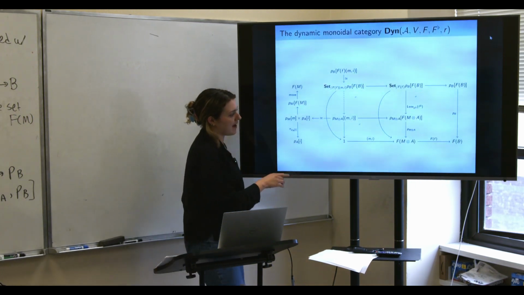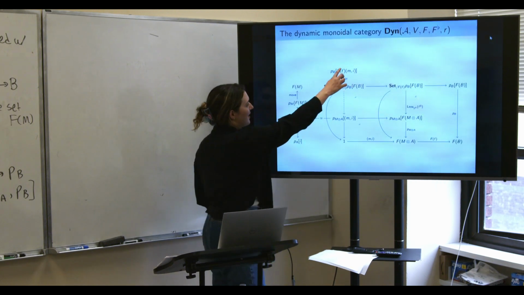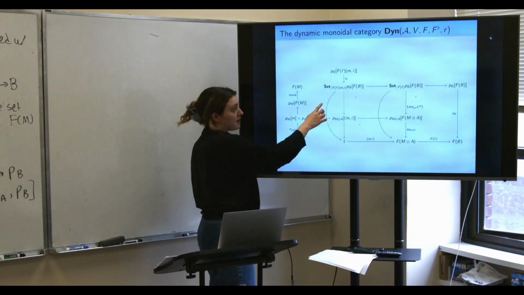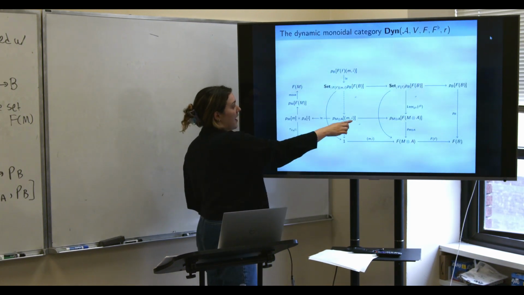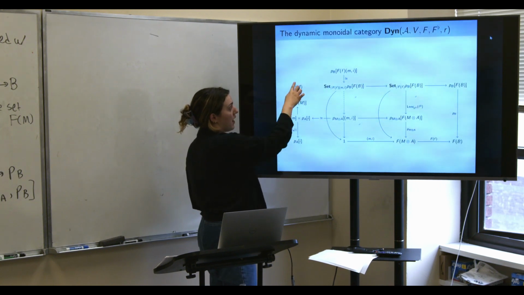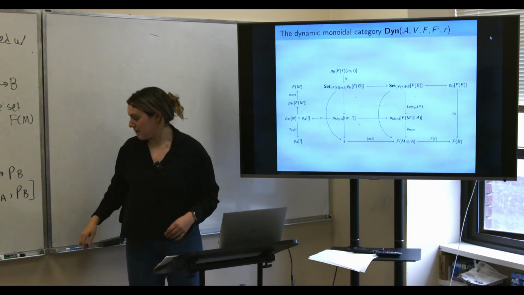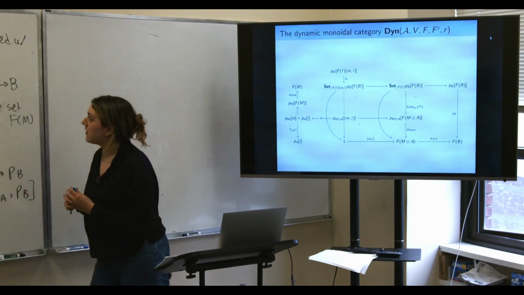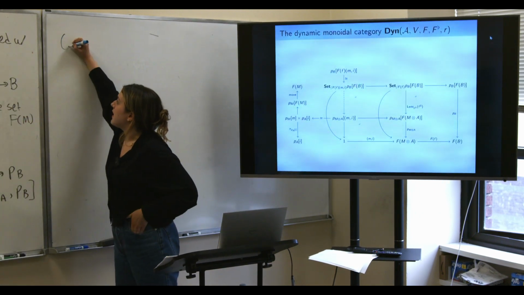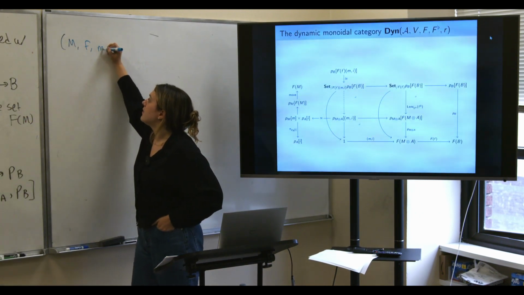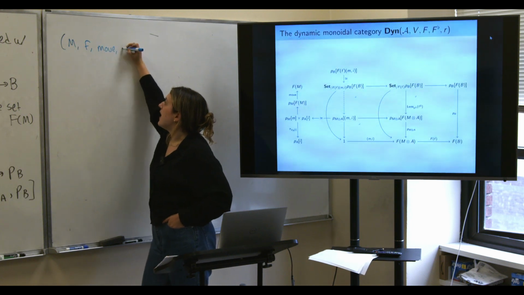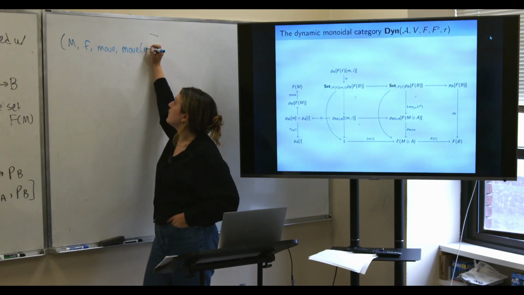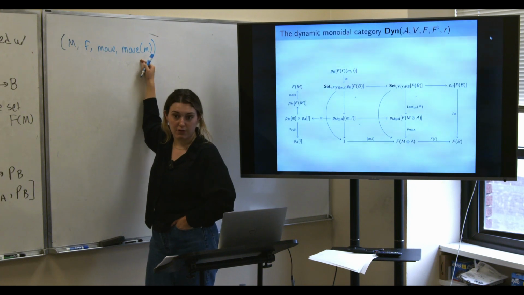Okay. So we have here the action on positions, the action on directions, if you follow this composition, and then the update, because our update map is going to be given by sending a state to the state m, f, move, and then move of our original choice of parameter little m.